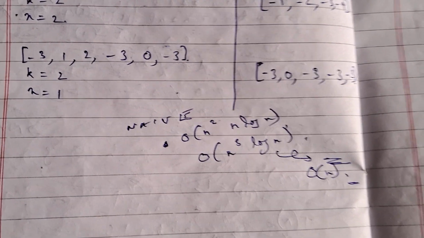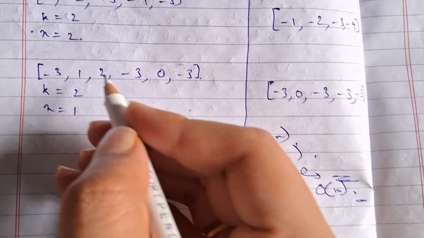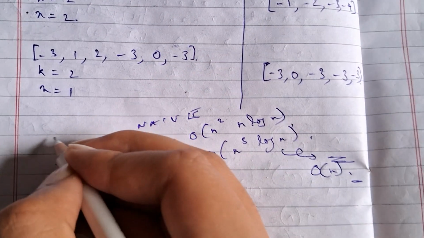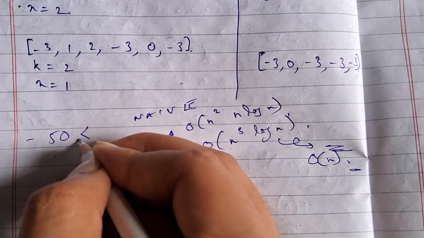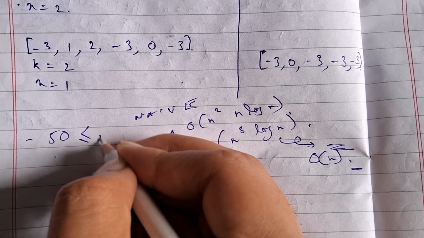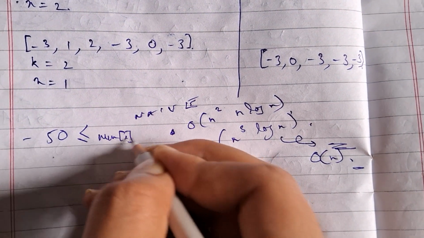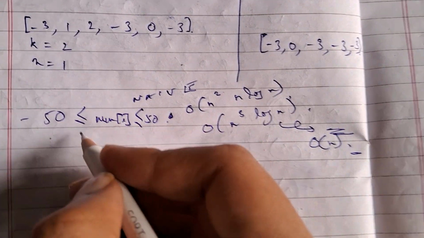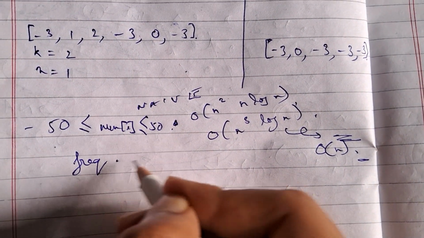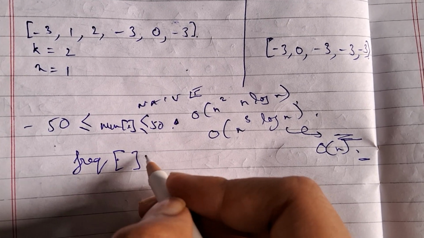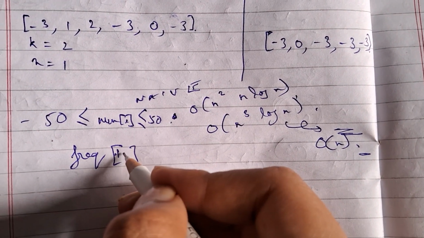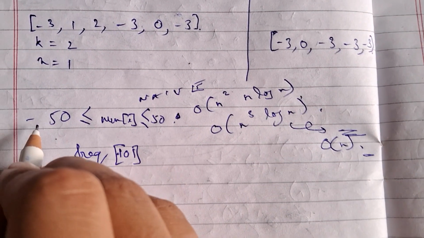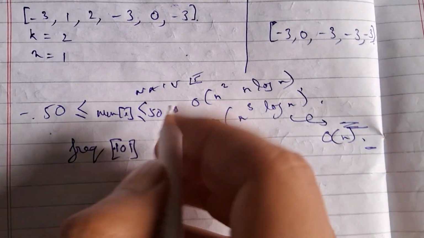But if you notice the question very minutely, it is stated that all the elements of the array, nums[i], are in the range -50 to 50. So we can do one thing. If you know the concept of a frequency array, we can make a frequency array of size 101, because it will consider all the elements from -50 to 50.